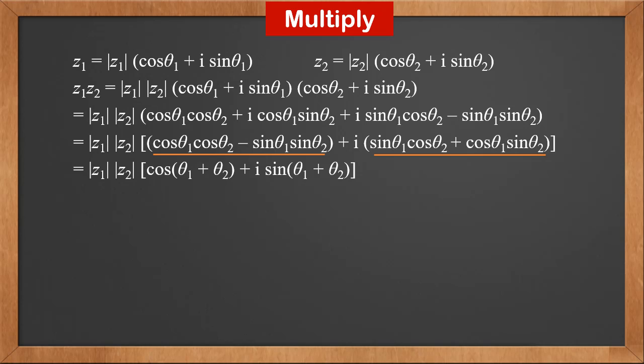So the product is z1's modulus times z2's modulus, times cosine theta 1 plus theta 2 plus i sine theta 1 plus theta 2. The modulus of the product is z1's modulus times z2's modulus. The argument of the product is theta 1 plus theta 2. Therefore, when you multiply two complex numbers, you multiply the two moduli, and add the two arguments.